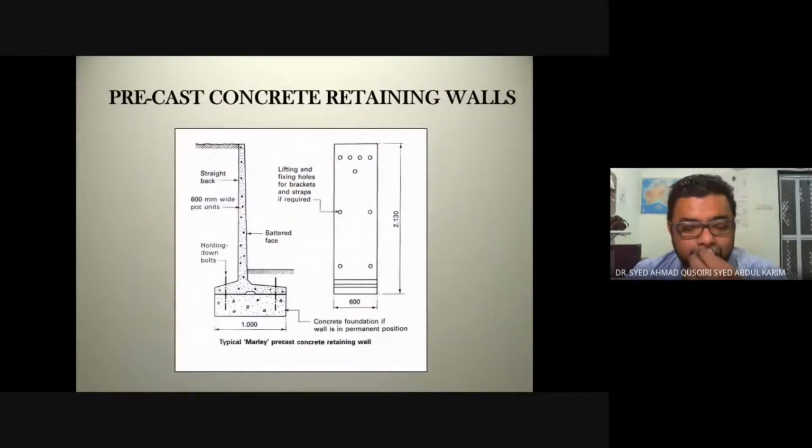So this is the example. You can see this is being bolted to the concrete foundation, so most likely this is a permanent feature. This one, yes, it is a 600 mm module, so we can arrange it one next to the other.